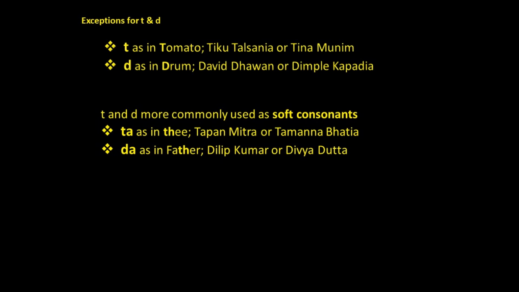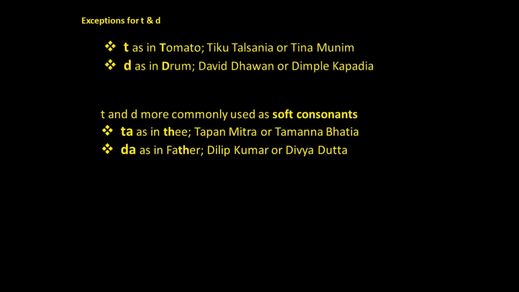However, many a times T and D are used as soft consonants, namely Ta as in Tapan Mitra, Tamanna Bhatia, or the as in father for Dilip Kumar, Divya Datta. Notice the tip of your tongue touches the teeth instead of the roof of the mouth.